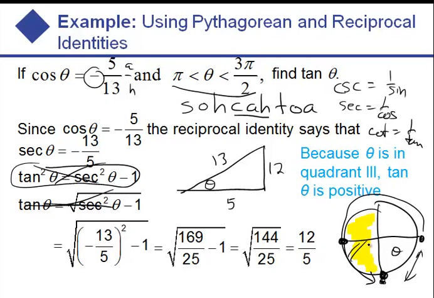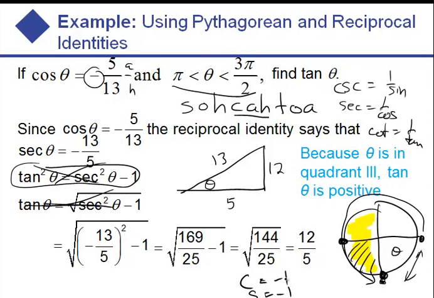So we're down in quadrant 3, and if we're down in quadrant 3, then cosine is negative. Sine is also negative, and then everything else builds off of that.